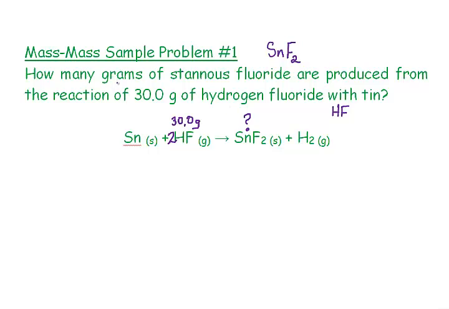The next thing, since this is a mass problem, is I'm going to need the formula or molecular masses of the substance I'm starting with, which in this case is hydrogen fluoride, and the substance that I want to end up with, which is stannous fluoride. So let's make a couple of formula or molecular mass calculations. Hydrogen fluoride, let's do that over here. H, as always, hydrogen is 1 AMU.